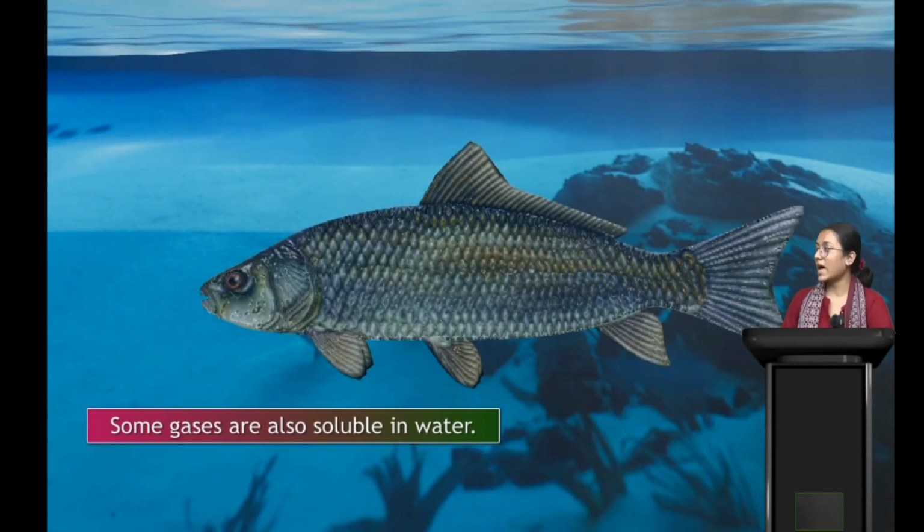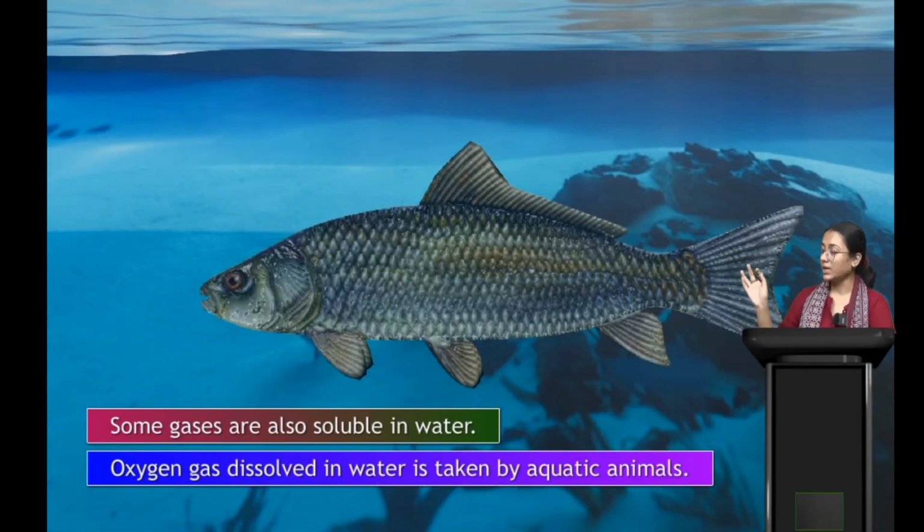See, some gases are also soluble in water. Oxygen gas dissolved in water is taken by aquatic animals. The animals who live in water, also known as aquatic animals, collect their oxygen for respiration from the oxygen gas which is dissolved in water.